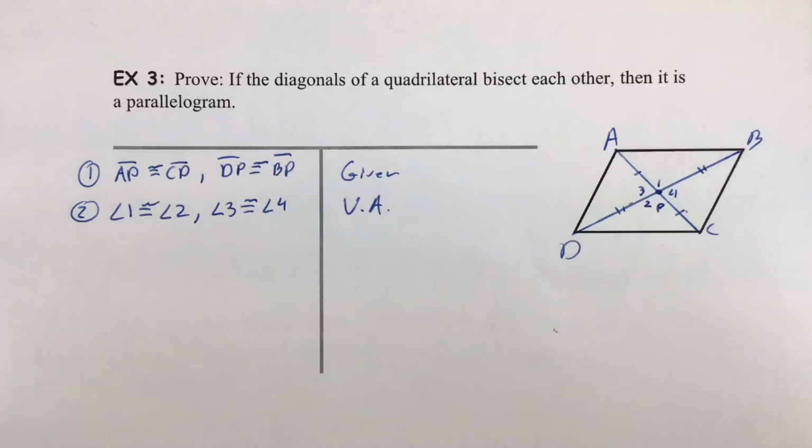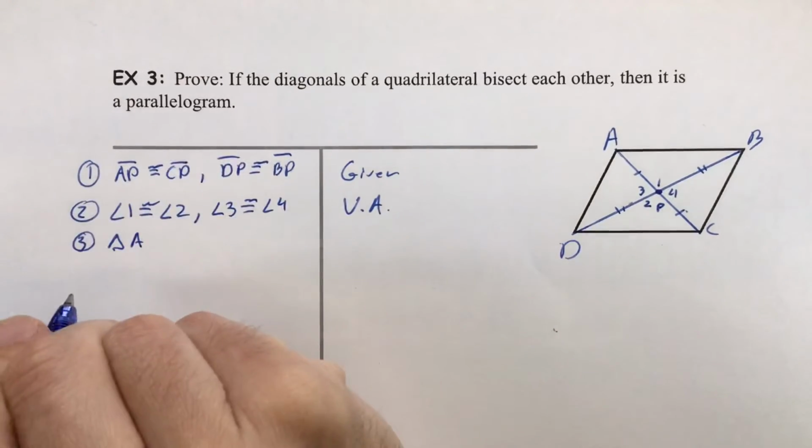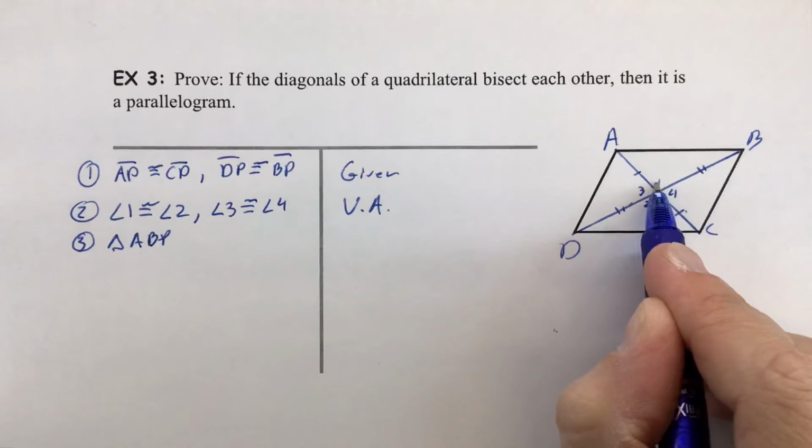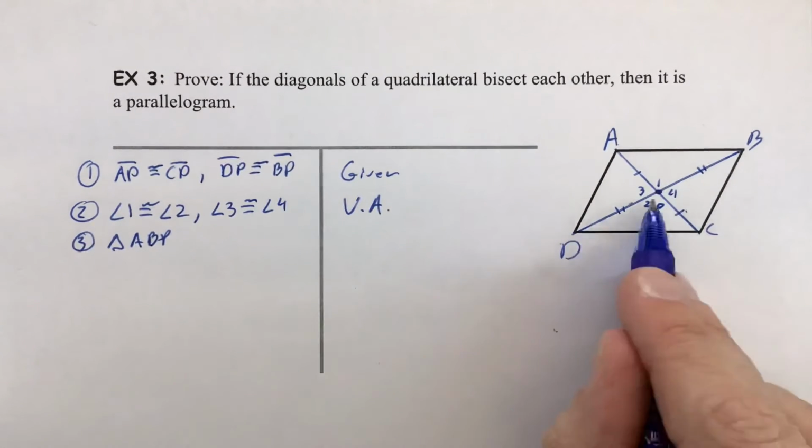Okay, but we can go ahead and write down now that we do have these pairs of congruent triangles. So let's say the top one, ABP. That is going to be congruent to CDP.